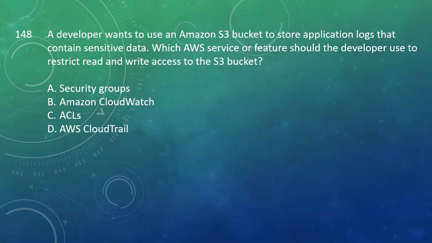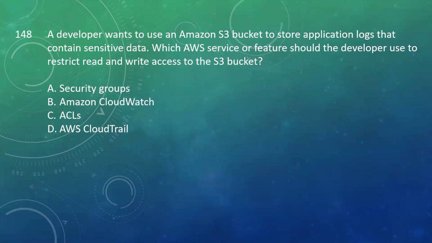Next question. A developer wants to use an Amazon S3 bucket to store application logs that contain sensitive data. Which AWS service or feature should the developer use to restrict read and write access to the S3 bucket? So someone wants to store sensitive data in an S3 bucket and they want to secure read and write access to the S3 bucket.